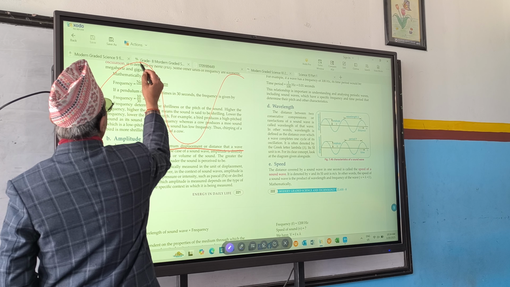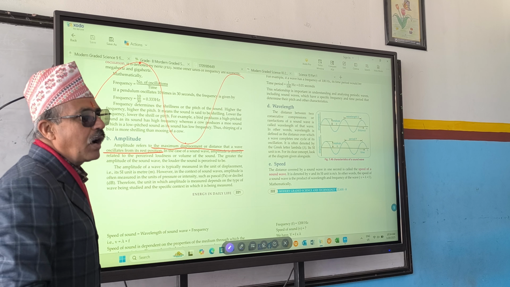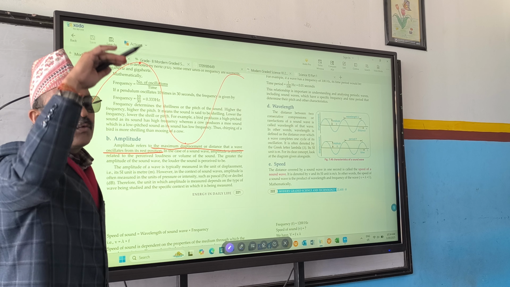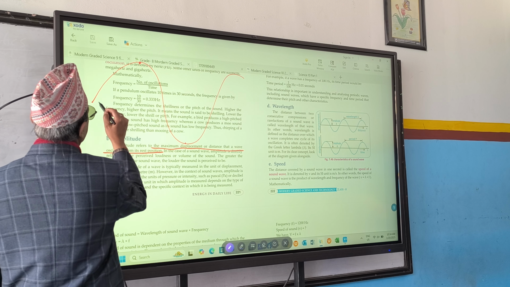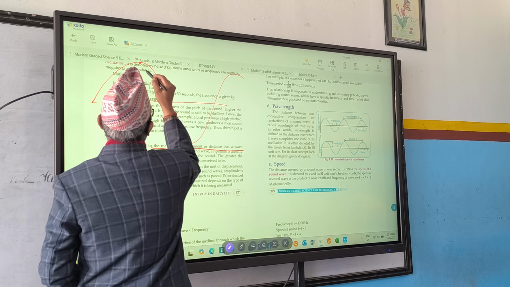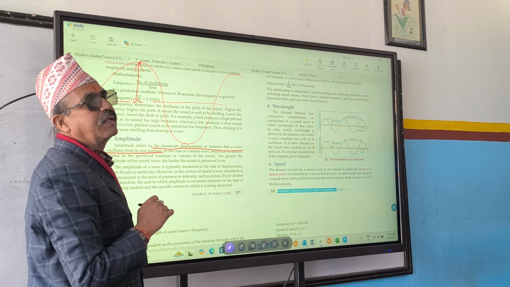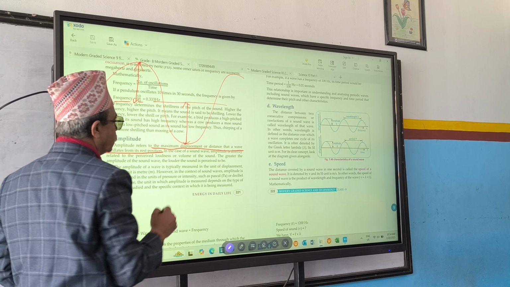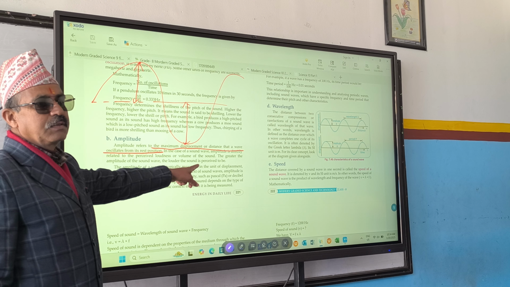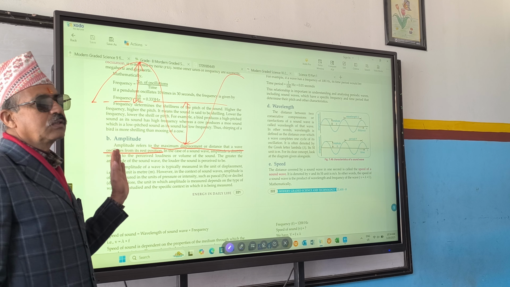Means how high it goes or how low it goes down, that is called amplitude. For example, what is this distance called? Amplitude. So maximum displacement or distance that a wave oscillates.